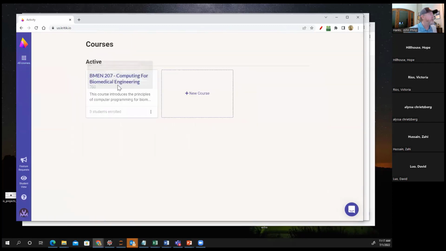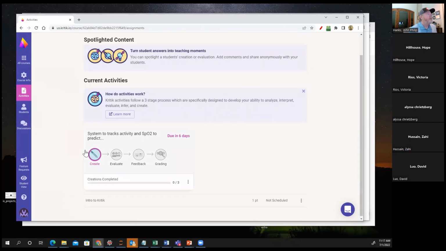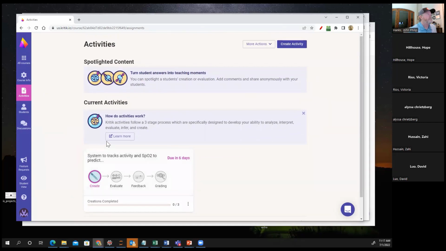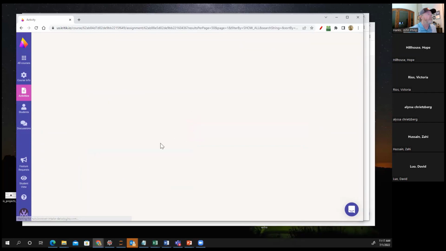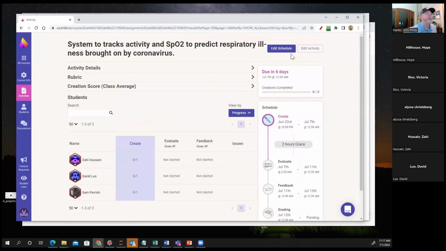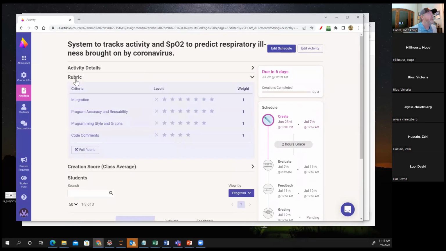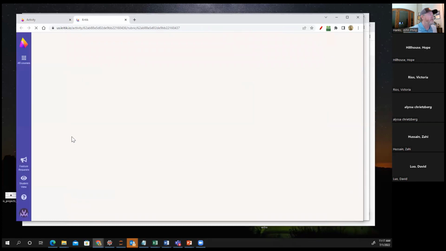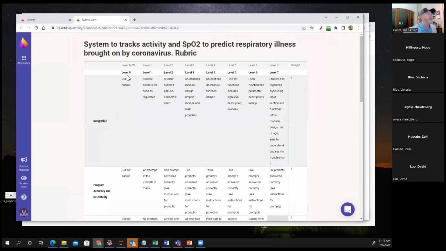Let me see if I can find that real quick. Okay, so a few people have already dialed into this. Edit activity rubric here. Here's the rubric. There are four grading components. And this says, for integration, there are actually 8 levels.